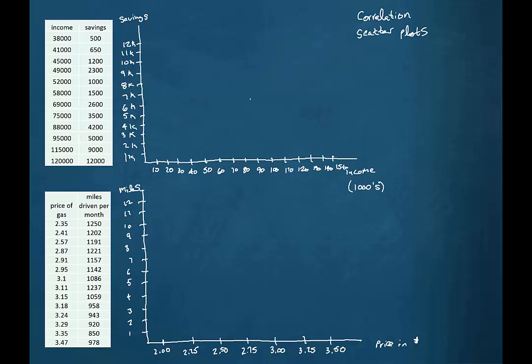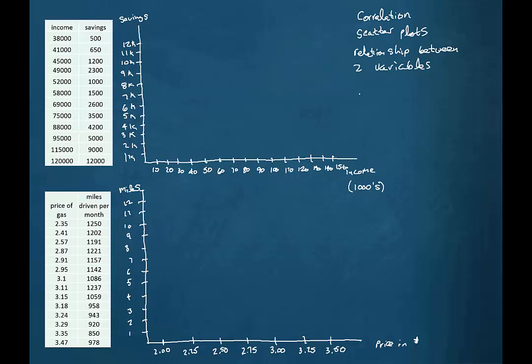And scatterplots are useful in determining the relationship between two variables. And what we're going to do is treat these as ordered pairs. And it's important when we do this to determine which of the variables has an effect on the other.